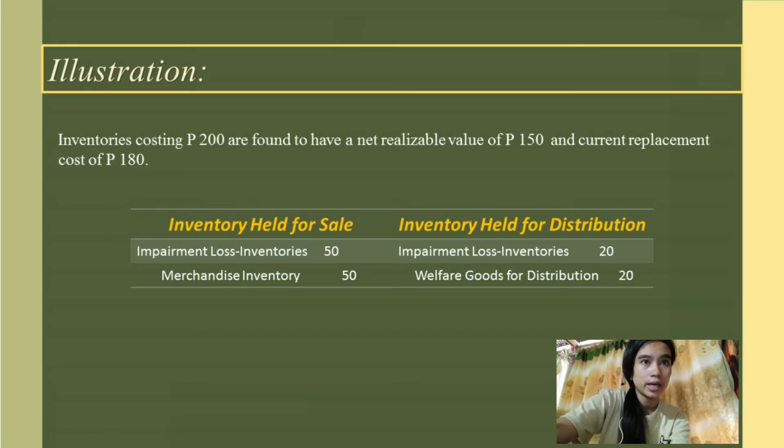We get this by subtracting 150 from 200. While for the inventory held for distribution, we debit impairment loss inventories of 20 and credit welfare goods for distribution of 20, wherein we get this by subtracting 180 from 200.